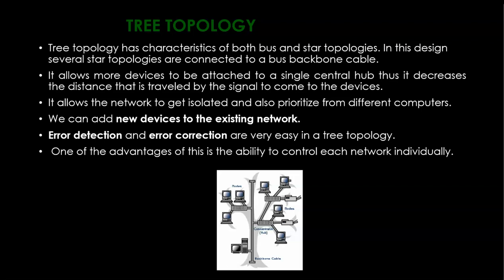It allows the network to be isolated and also prioritized for different computers. We can add new devices to the existing network. Error detection and error correction are very easy in a tree topology. One of the advantages of this is the ability to control each network individually.